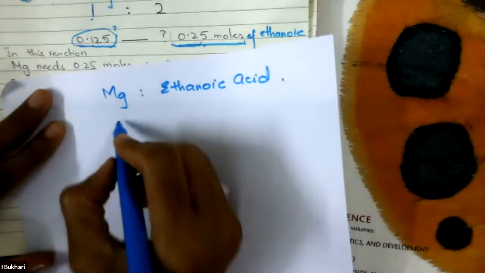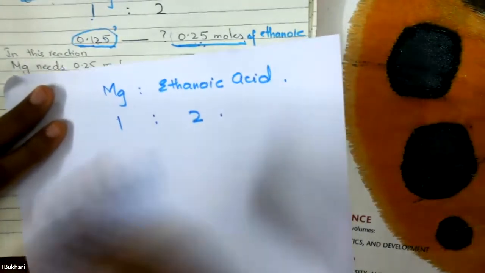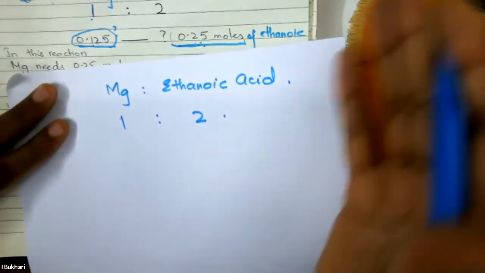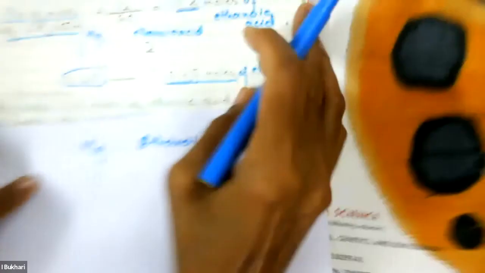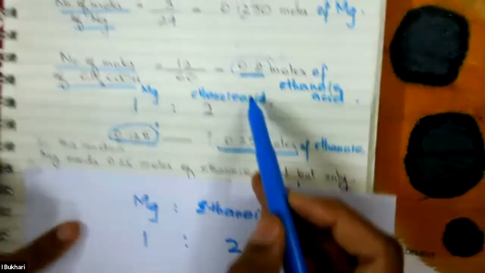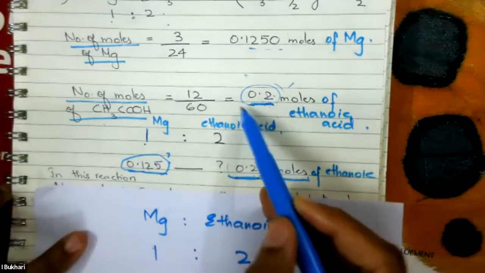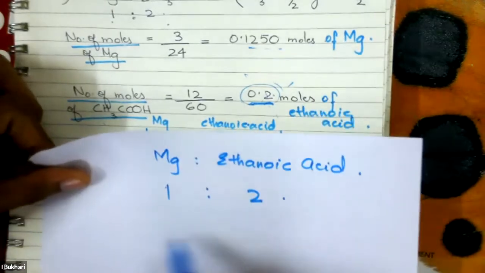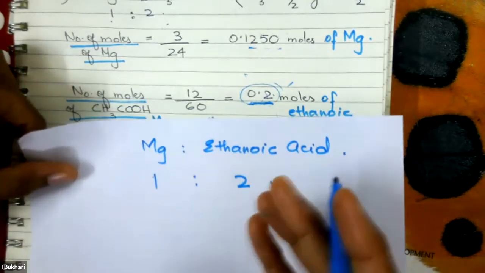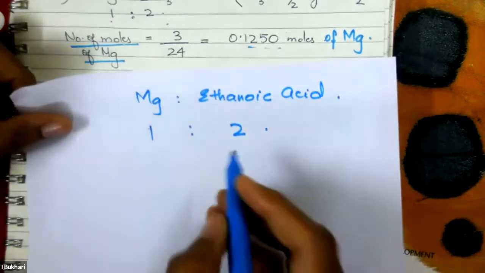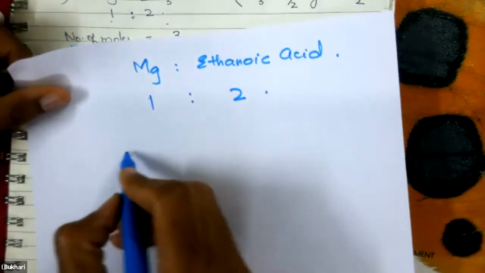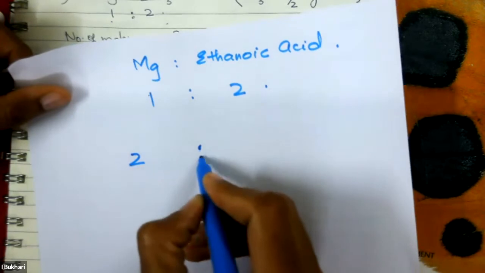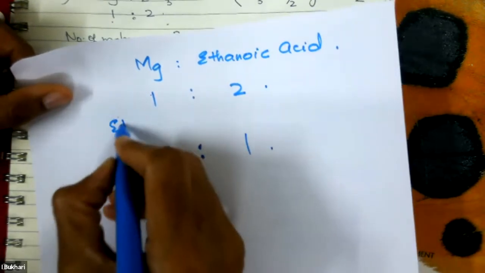Okay, magnesium, the ratio is 1:2. Let's use the ethanoic acid number of moles, which according to what we have calculated is 0.2. Now I have to write it this way.